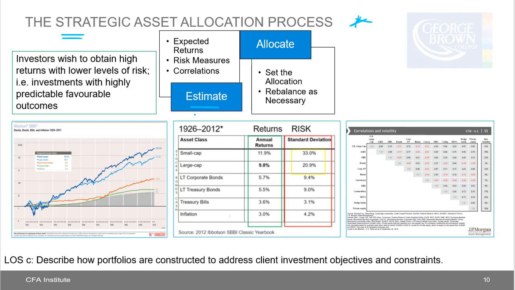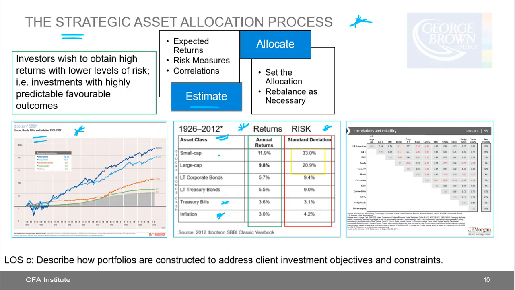So strategic asset allocation typically requires the manager to estimate the expected return and risk of each asset class. And that's why in the past we looked at historical returns from the Ibbotson SBBI yearbook on the different asset classes, stocks, bonds, and cash-like securities, treasury bills, and then we looked at inflation, again here from 1926 to 2012, what the asset class returns and what the risk were.